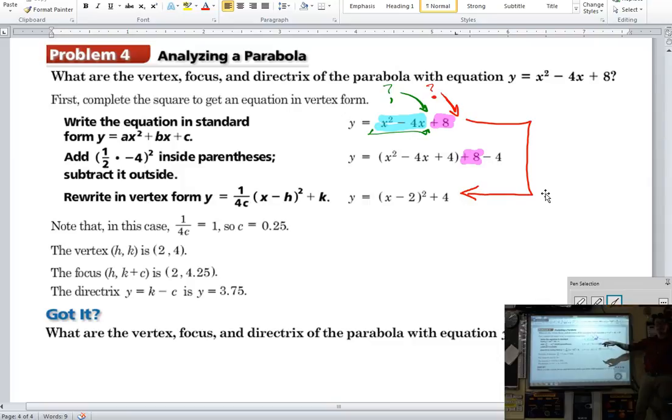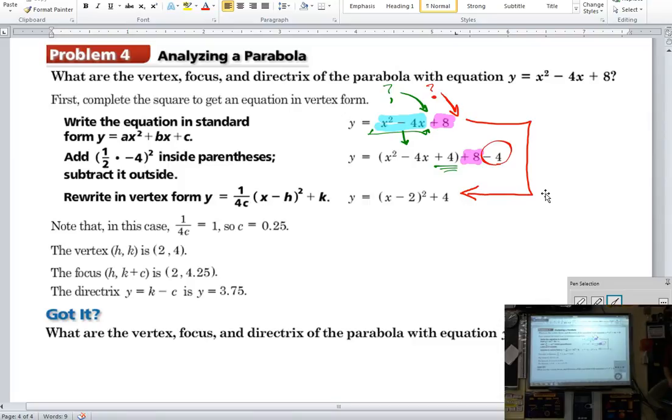Figure out, based on those first two terms, what your perfect square trinomial could be. If my middle term was a minus 4x, then the constant should be a positive 4, because that would make it a perfect square, (x minus 2) squared. However, this minus 4 doesn't actually exist. What we really have is a plus 8. So to turn the plus 8 into the plus 4 that we want, we remove 4 in order to make that happen.